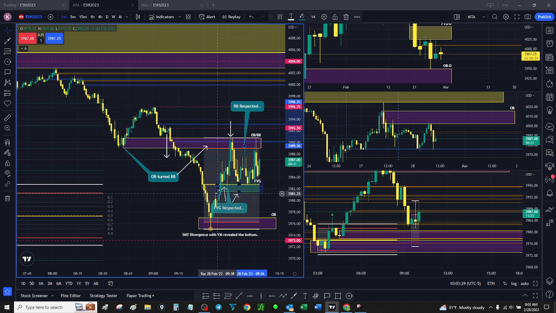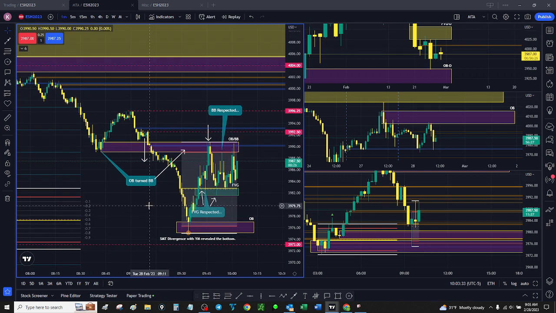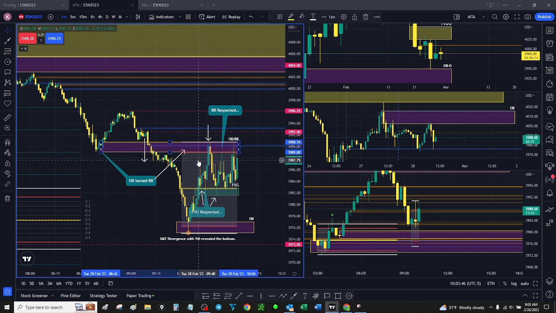I'm looking for 5 points in a trade a day, using a mini or two contracts. That's 250 to 500 bucks a day. And this move right here, let's see how much it is. Where's my measure? There we go.